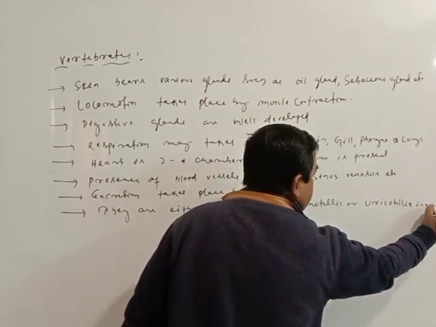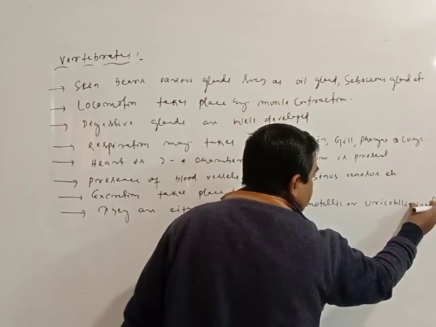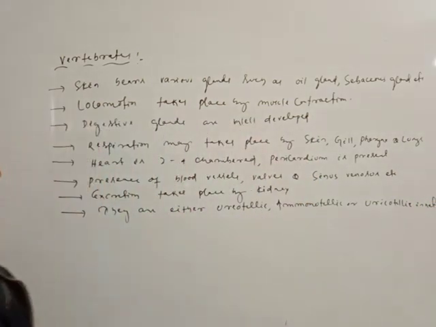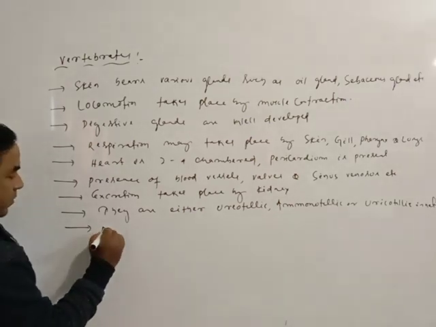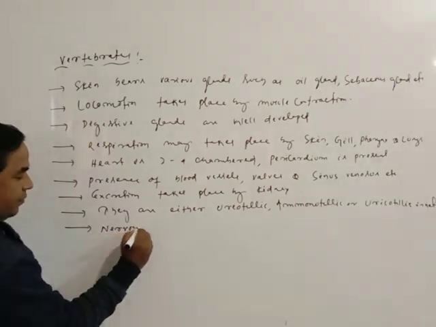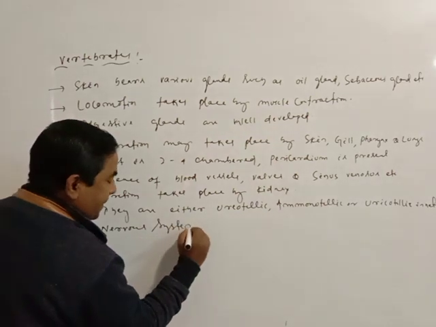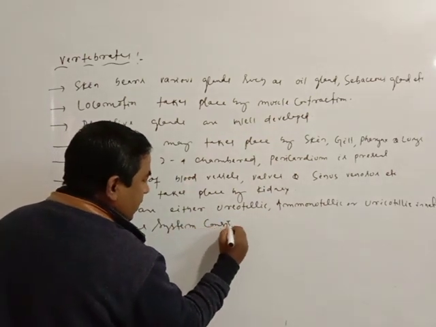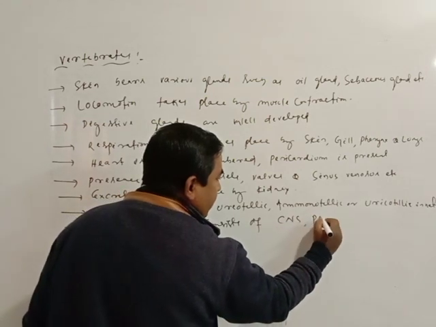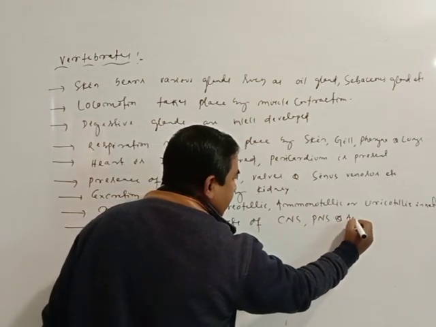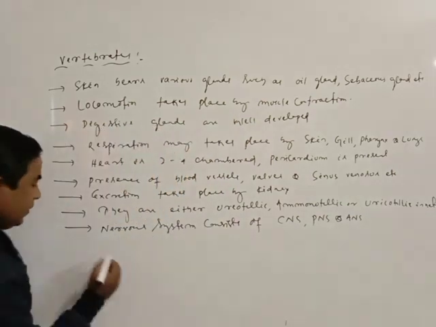Next, nervous system consists of CNS, PNS and ANS.